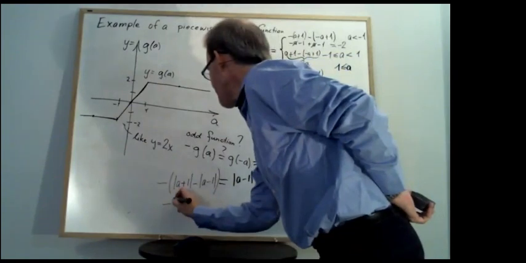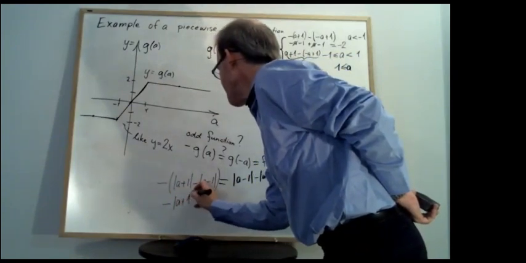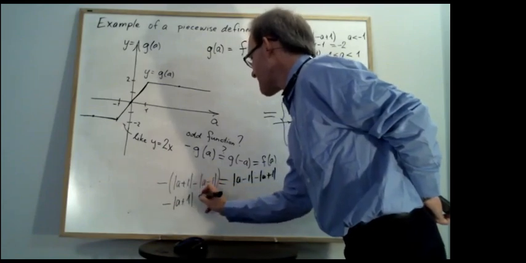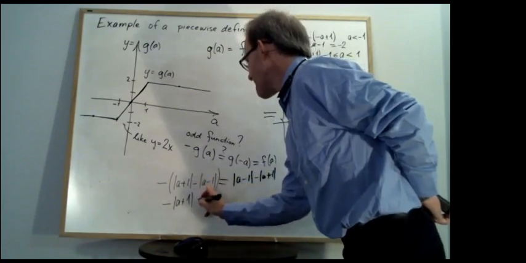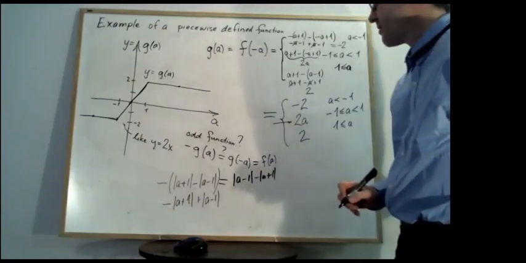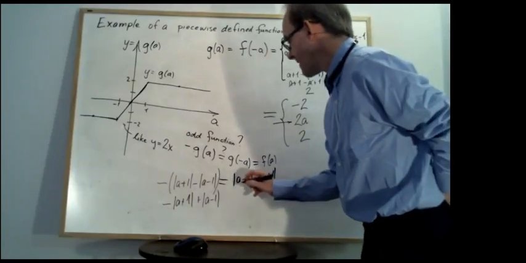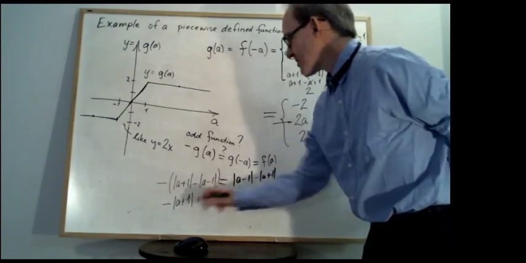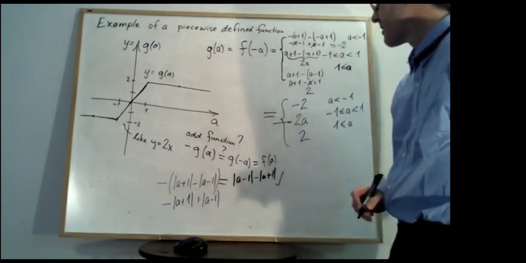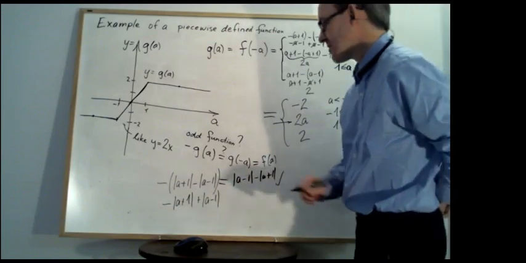And now the bracket applies, it leaves the minus sign and it applies to this one, and it cancels and I get plus absolute value of a minus 1. And that's the same as this. Both terms are the same, just in a different order. So it's nothing but the commutative law that tells me that they're the same.